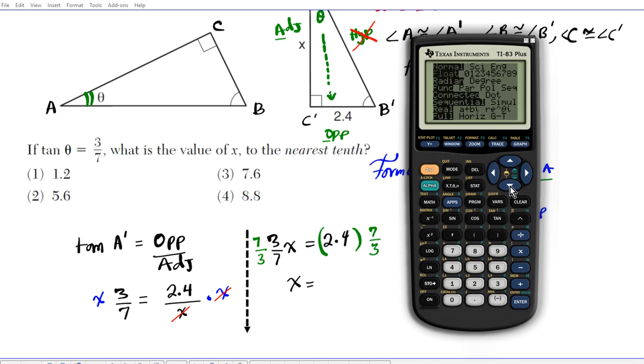It's in degrees. Well, I don't even need that. So I have 2.4 multiplied by 7 over 3, and I get 5.6. So the answer for question number 7 is number 2.